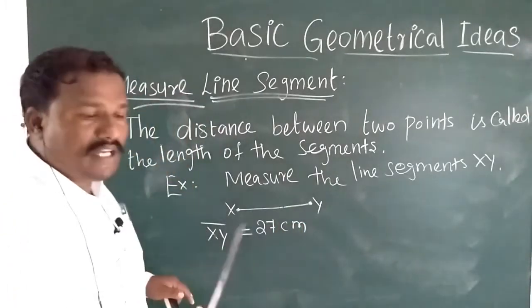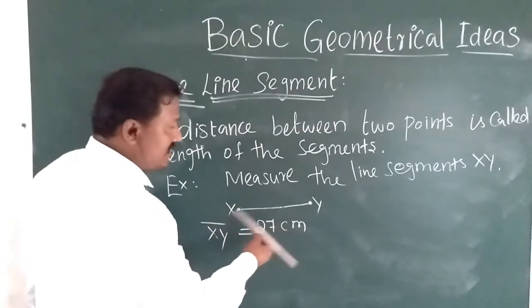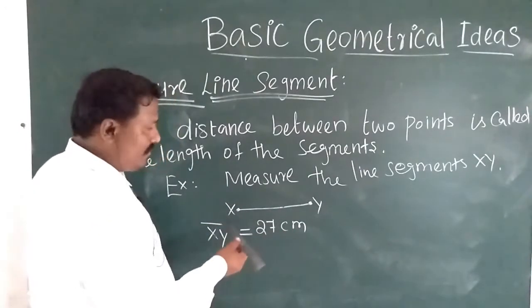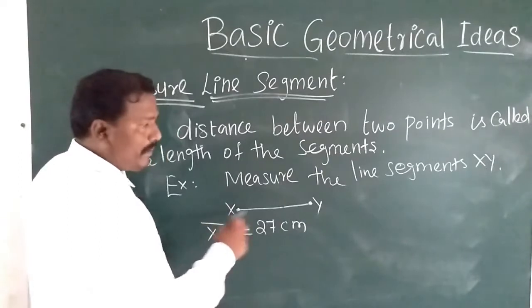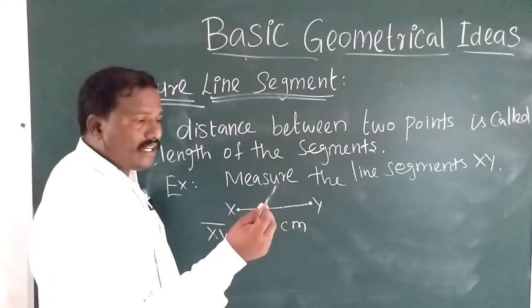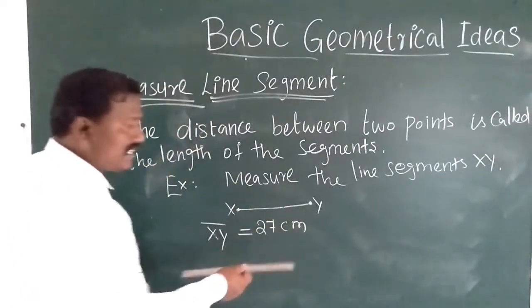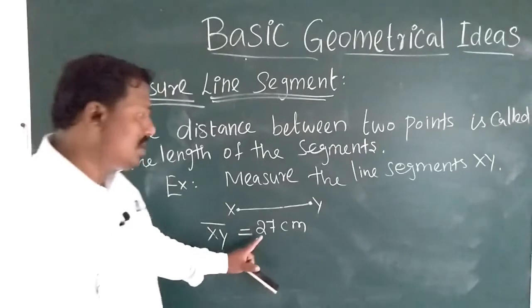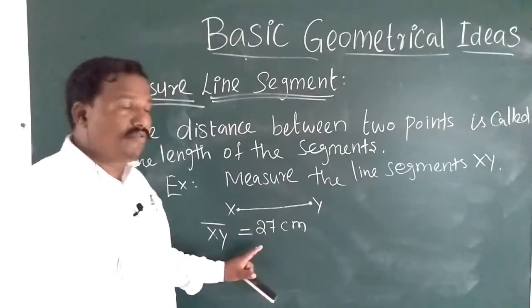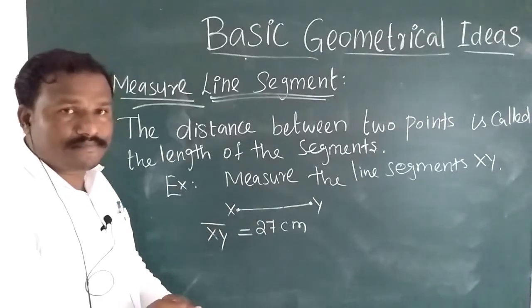Using a ruler we can measure the line segment. This is the line segment xy, with a starting point and an ending point. In the middle, we can measure the distance using a ruler. So the line segment length is 27 centimeter.